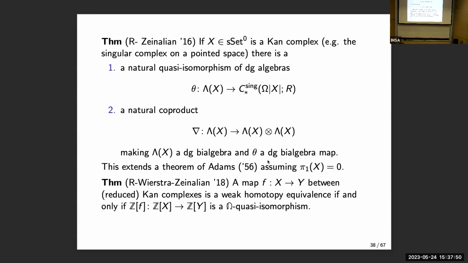That a map between simply connected spaces is a weak homotopy equivalence if and only if it's a homology equivalence, if and only if it's a quasi-isomorphism at the level of chains. And now I'm working with non-simply connected spaces and changing the notion of equivalence for coalgebras. And what this is doing is capturing isomorphism on fundamental groups and isomorphism on homology with coefficients in any local system, when you unravel this.